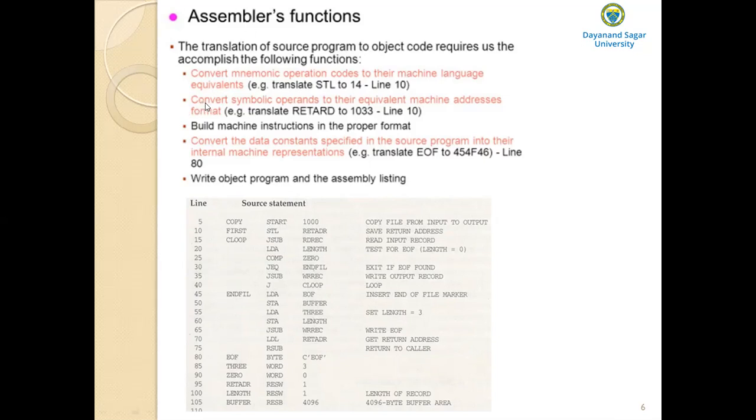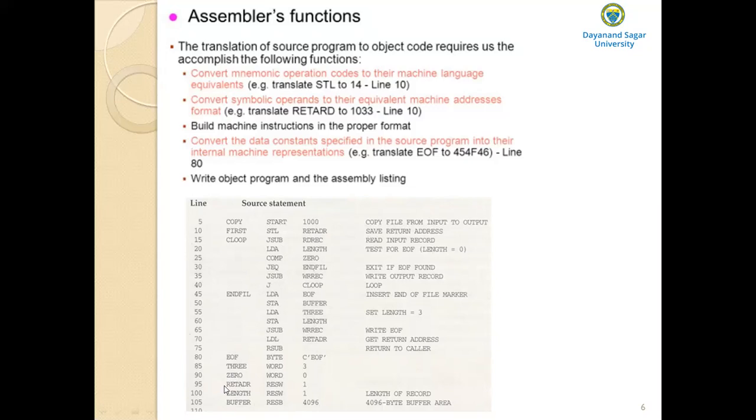In the second step, it converts the symbolic operands to their equivalent machine address format. For example, in the same example, it will translate the RETADR symbol. The STL instruction has the operand RETADR, which is a symbol defined at line number 95, a one-word variable.